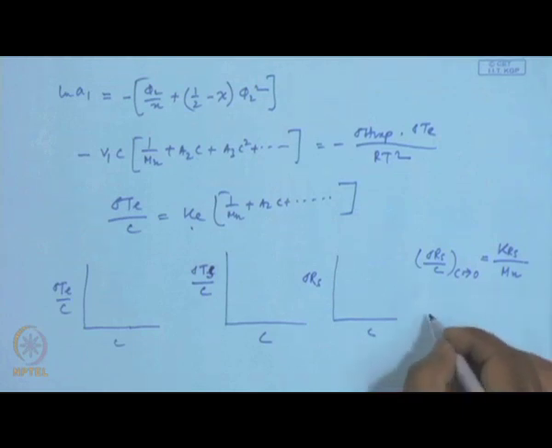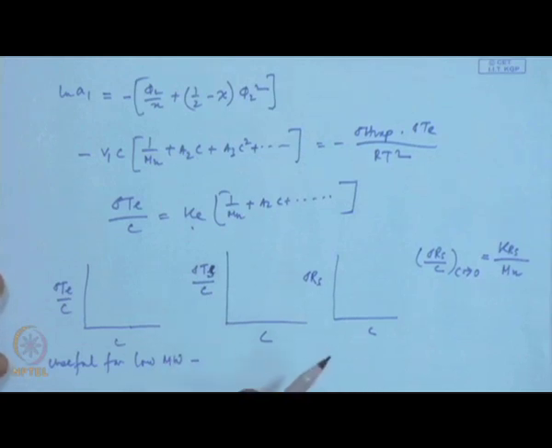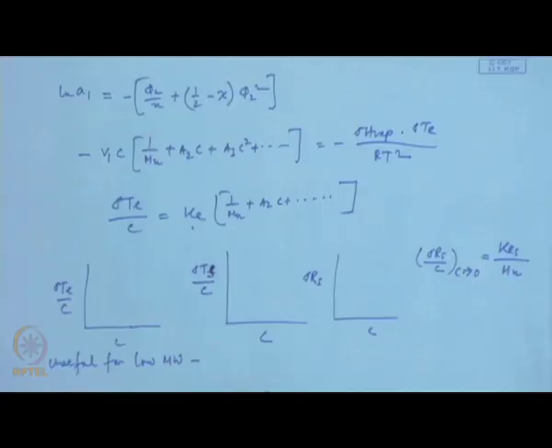This is a very useful method for low molecular weight samples, because if you go for higher molecular weight, then the increase in the temperature is very low. So, we do not have the techniques to determine such a low temperature difference between the thermistors.